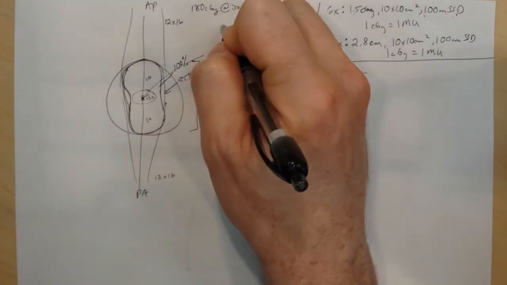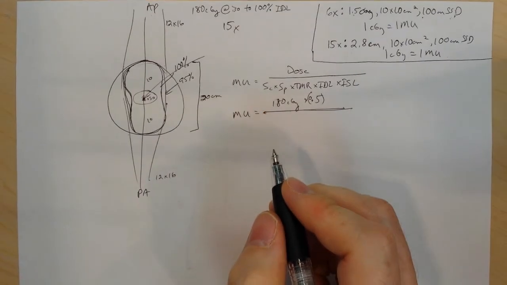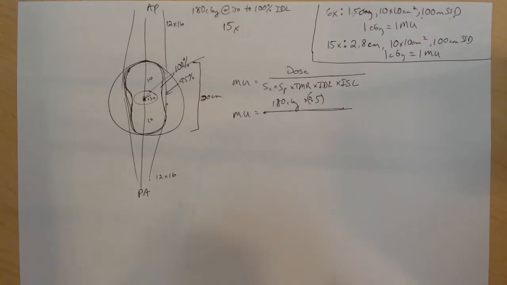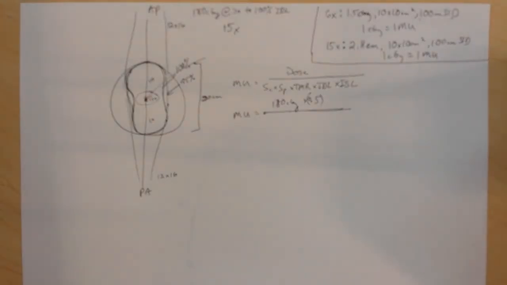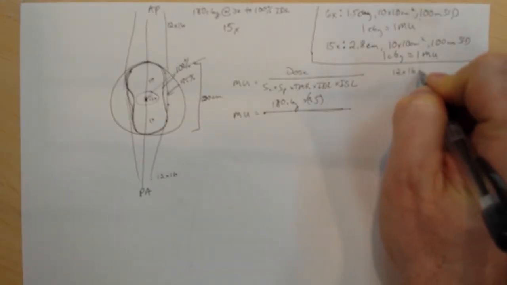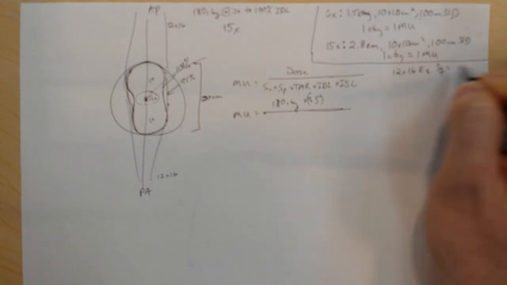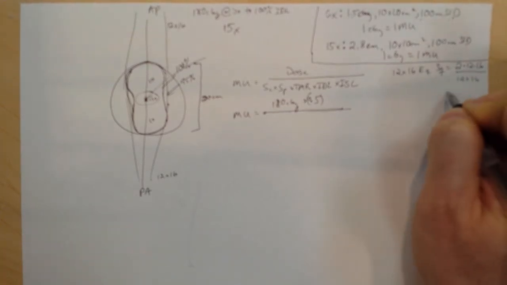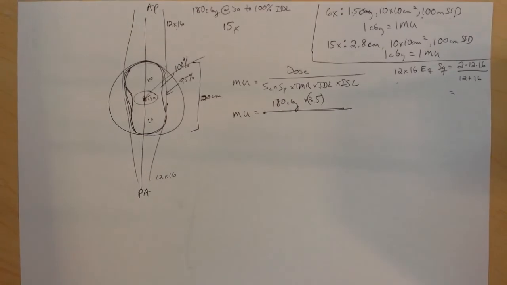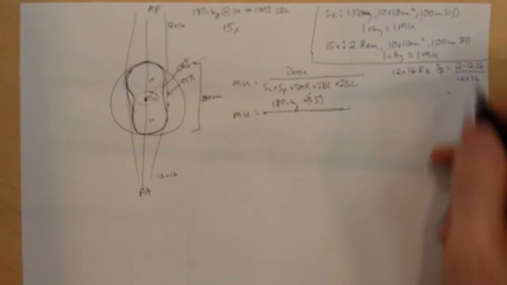If I forgot to mention my beam energy, it's 15X for each beam. So if I look at my 15X data tables, I need to do equivalent square, 12 by 16. So I have 2 times 12 times 16 divided by 12 plus 16. What does that give us? 2 times 12 times 16 divided by 28 gives me 13.7.